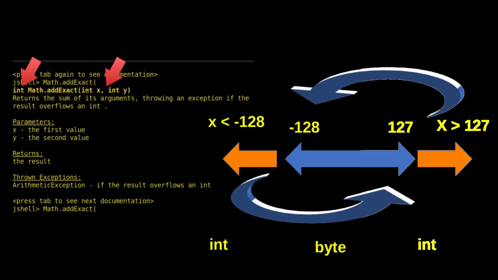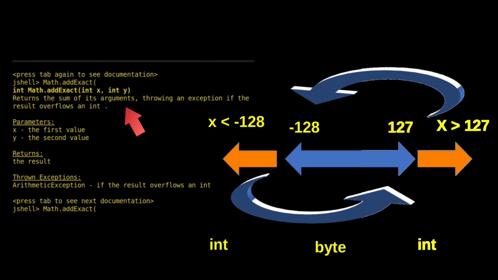Now if you look at the documentation, you can see that for addExact, the two parameters, int x and int y, the first parameter is an int and the second parameter is a y. Then you add the two and the result that's returned is also an int. And it says here an arithmetic exception if the result overflows an int.